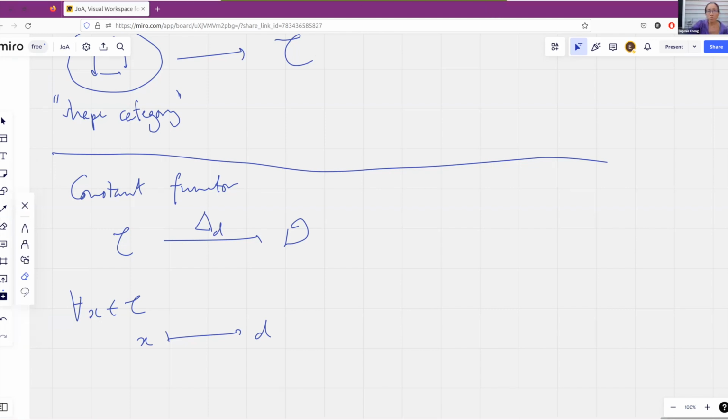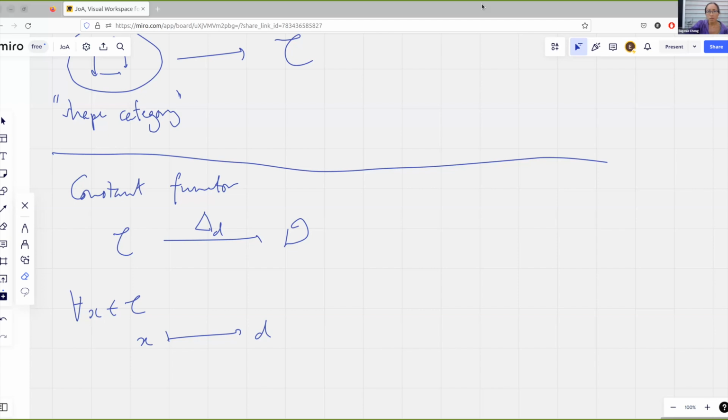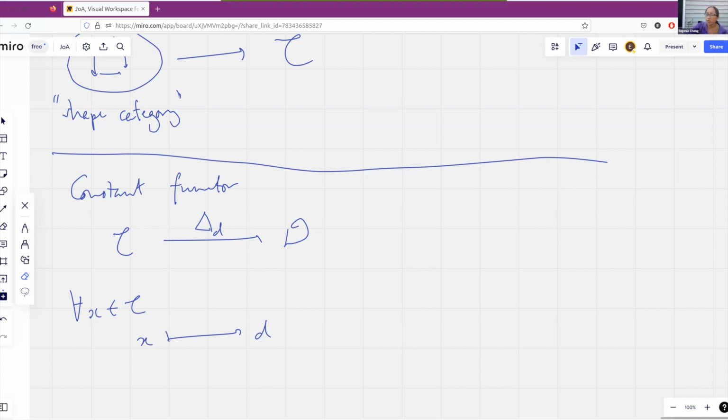I think what I want to say is that forgetful functor is not really a technical definition. It's more of something that we say to capture an idea, and it's really if a functor is forgetting some properties of the objects in a category. Collapsing the whole thing to a point is not quite the same thing.